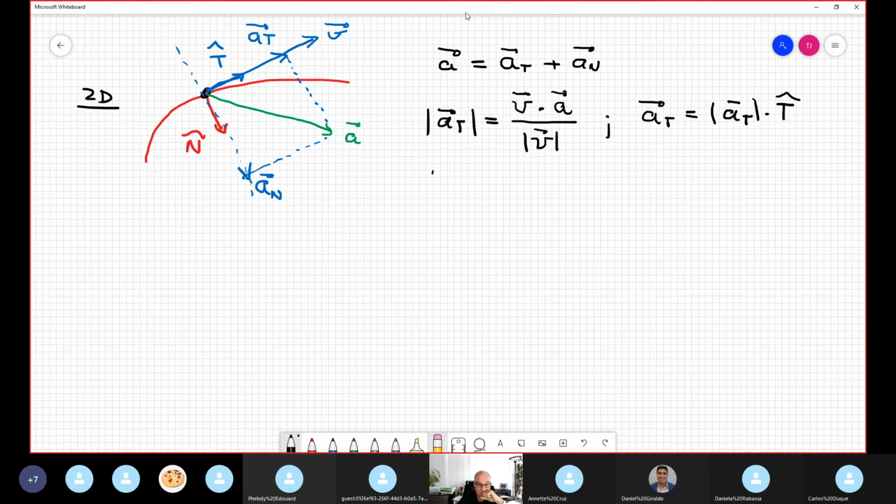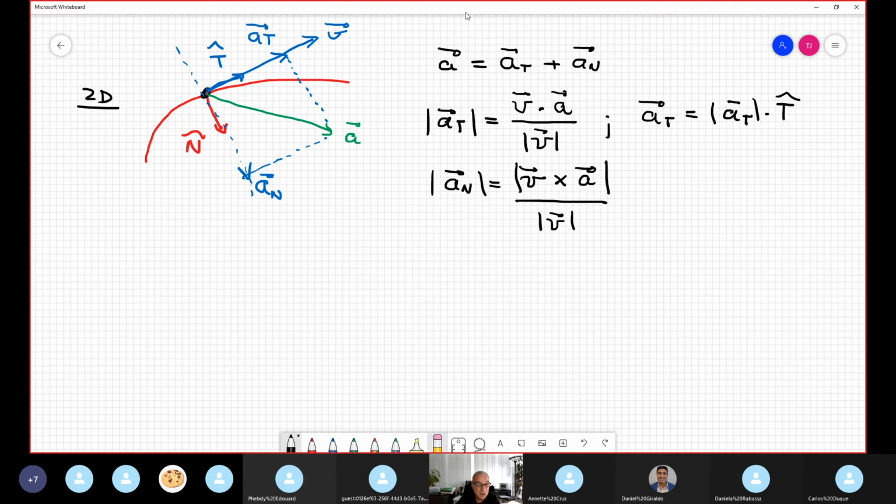Likewise, you try to find the component that is orthogonal, using the cross product. So this normal component is the cross product of velocity and acceleration, of course, with its magnitude divided by the magnitude of velocity.